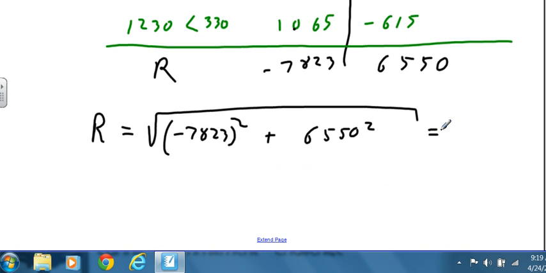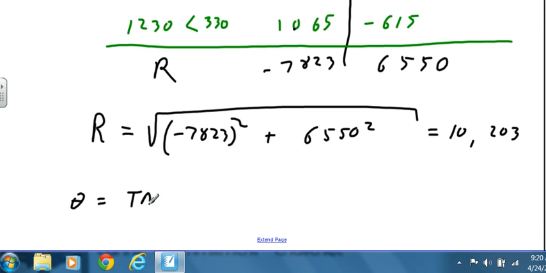Square root of 7823 squared. I don't have to put the negative in because when I square it, it goes away anyway. Plus 6550 squared. And so I got 10,020,203. We'll worry about how many significant digits I have later.